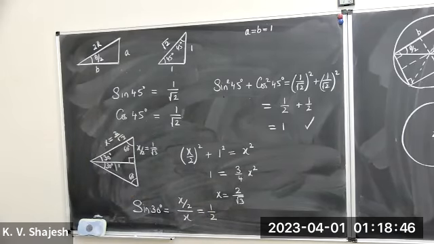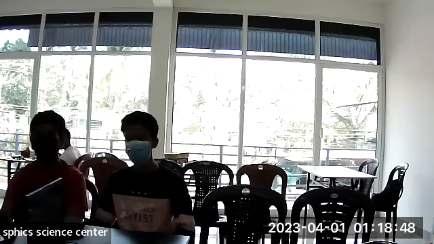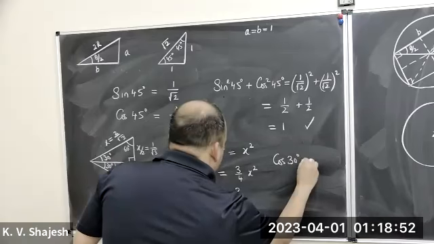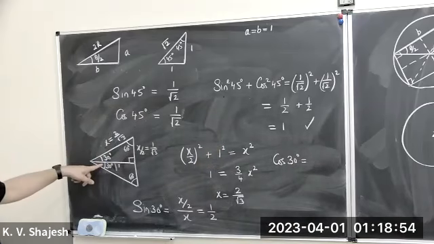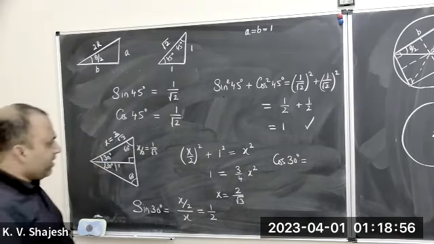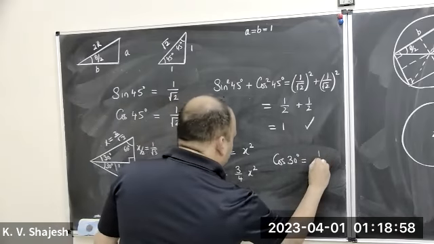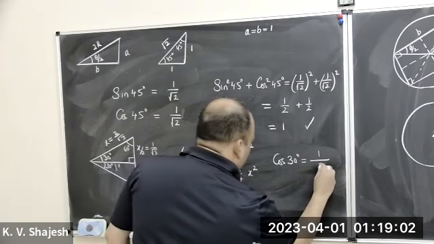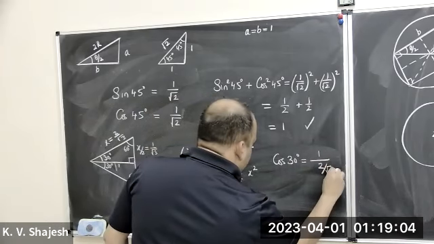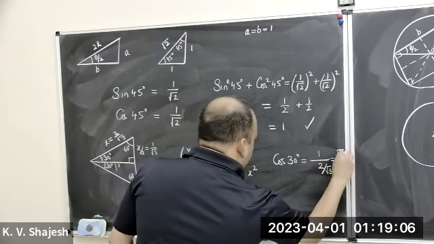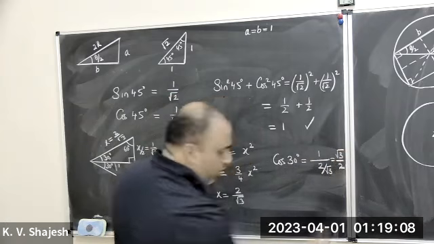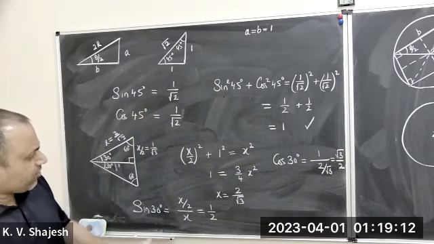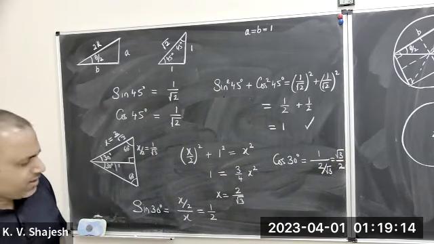And cosine of 30 degrees is adjacent over hypotenuse. So that's 1 over x, which is 2 over root 3, which is indeed root 3 over 2. That's what you guys told me, right? Of course, that works out because that's how it was done probably to begin with.